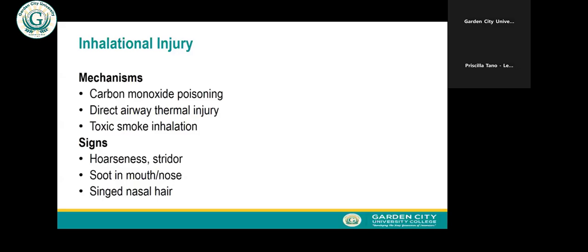All right, thank you. So when we talk about inhalation injury, we have some mechanisms for it. You have carbon monoxide inhalation, direct thermal airway injury, and then inhalation of toxic smoke. If we have patients who have inhalation injury, mortality is basically 60% and above.